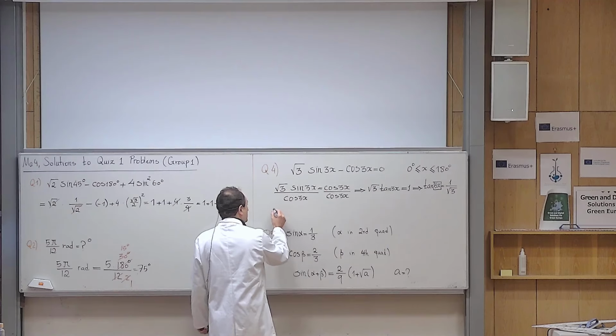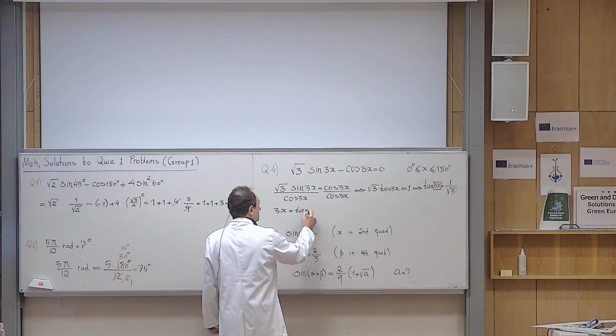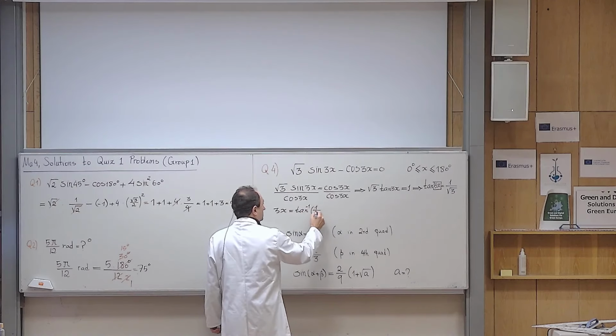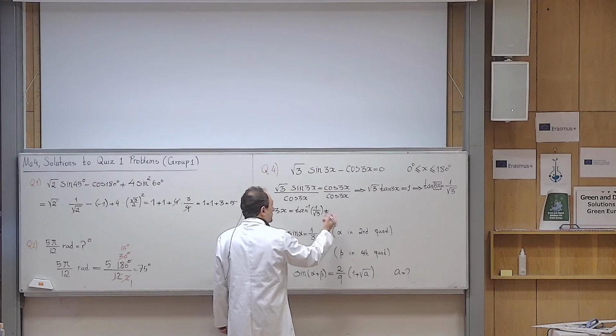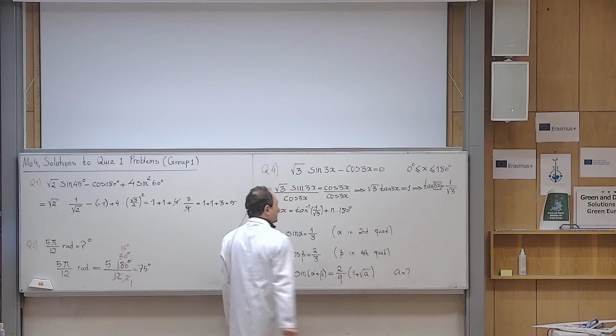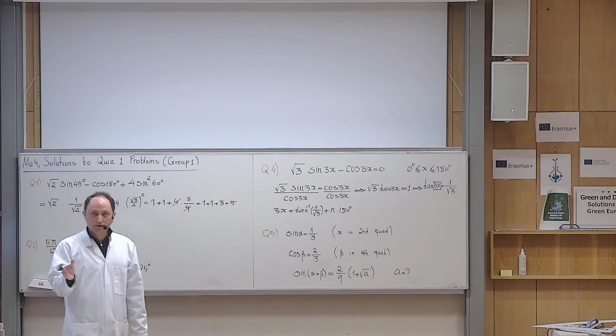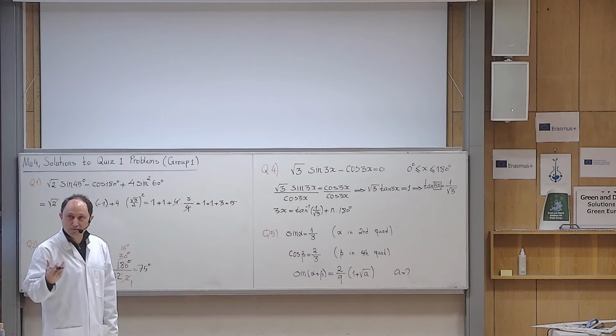So what happens? The box, which is 3x, is equal to tangent inverse of that number. But for tangent, you need to remember something else, and that is not 360. You should write 180. So you see how many parts of it are important if you have it in your memory.